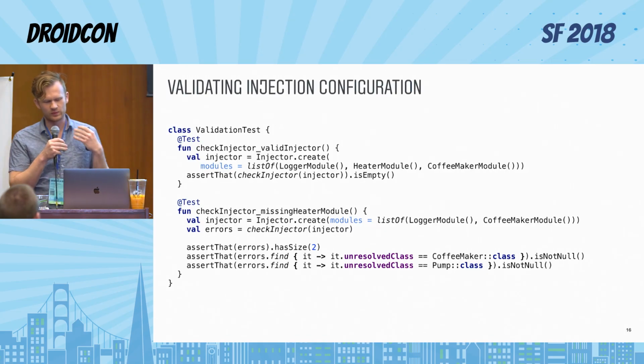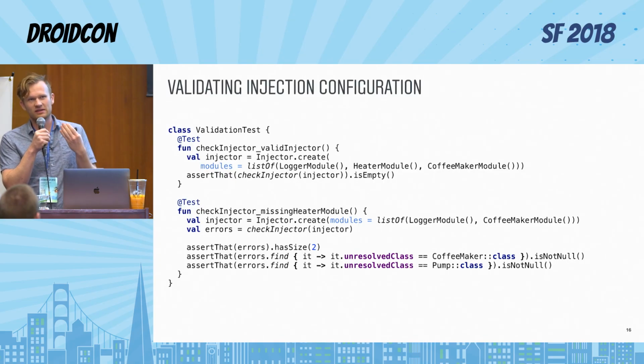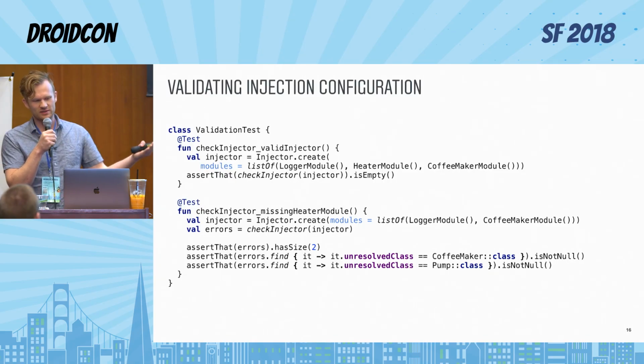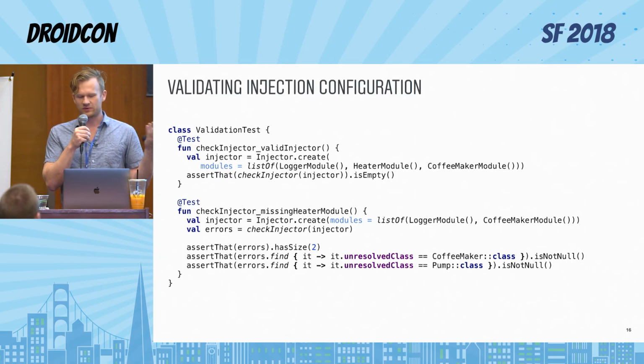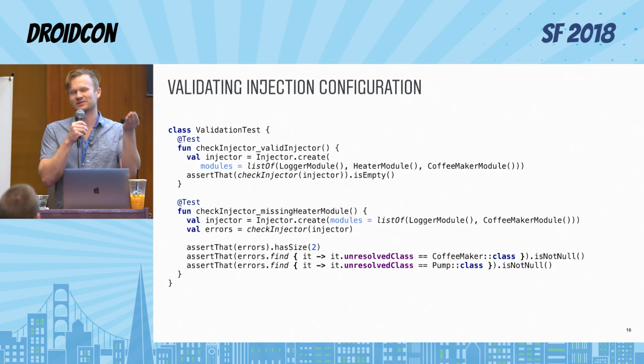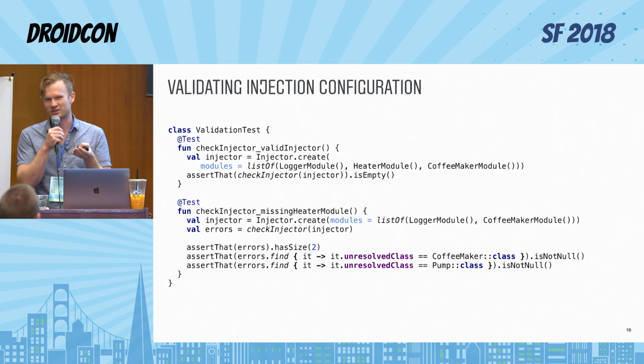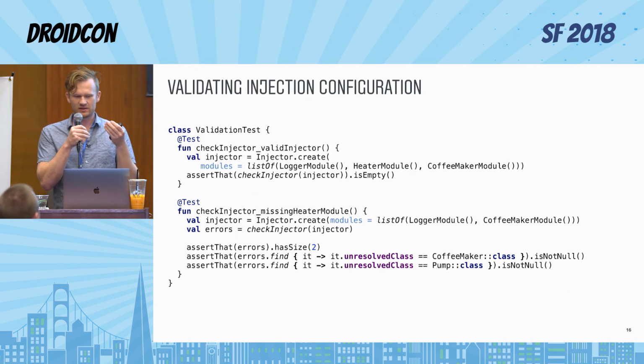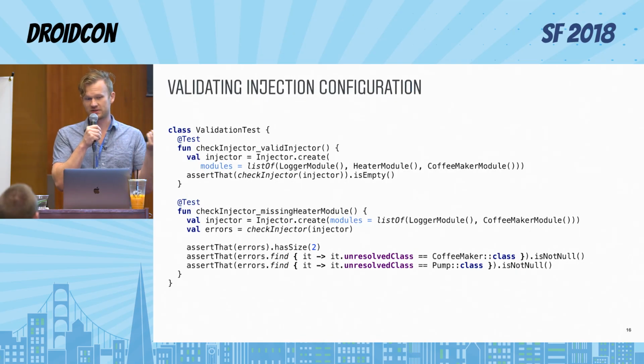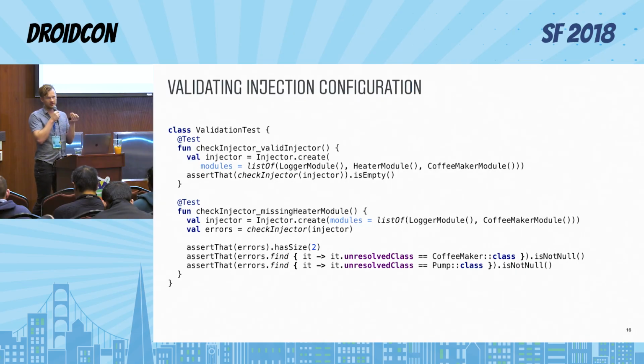And you actually don't need to write any custom test. You just need to invoke the check injector method in a single unit test, which is technically an integration test. And if your injector configuration is incorrect, it will give you errors.